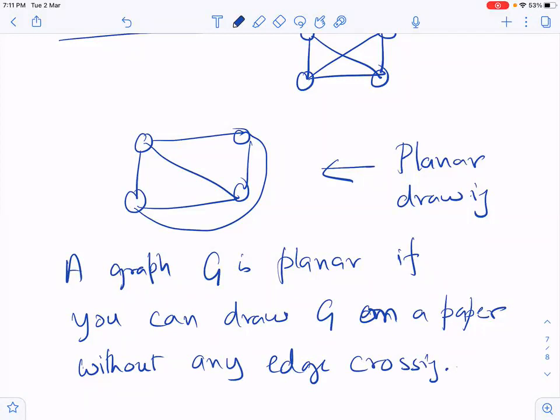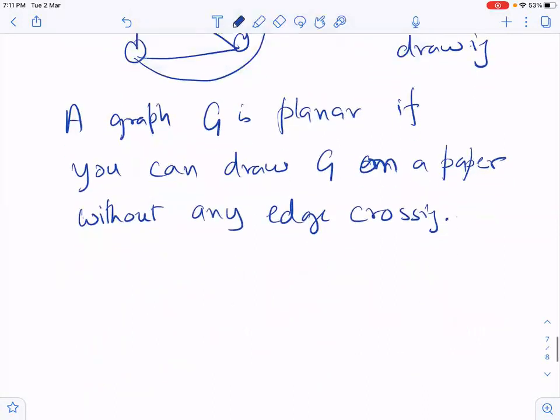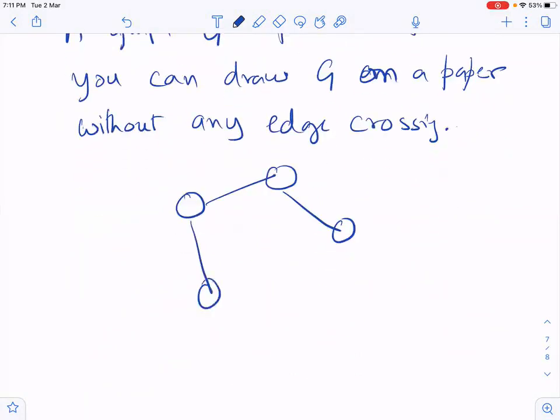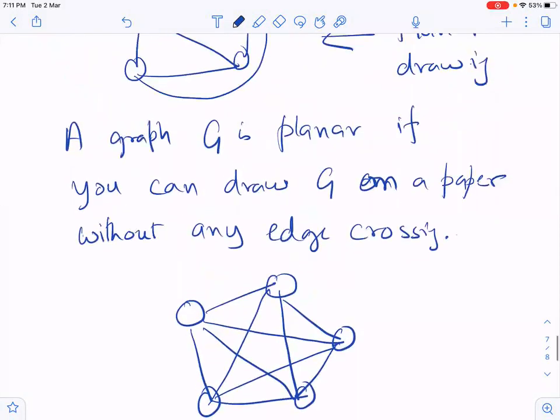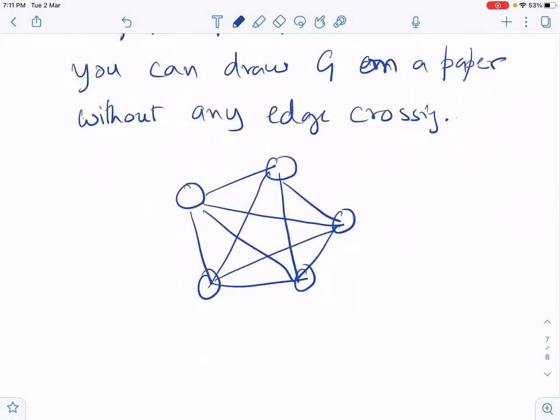Now you might already start thinking, are all graphs planar? Actually, it is not. I will not be spending too much time on planar graphs today, but I want you to go back and think about this concept, and if possible, read whichever articles or books you can get on planar graphs.